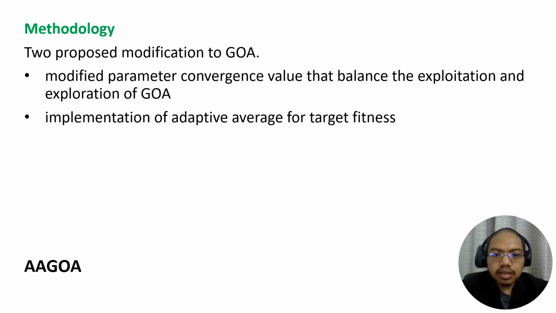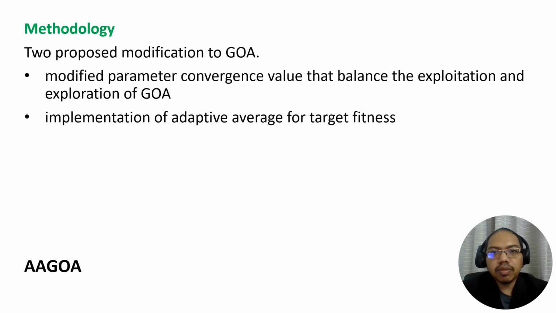Now the third thing is the methodology. For this presentation, I'm going to explain to you what the proposed method is that we are going to modify in the original GOA. So there are two proposed modifications.